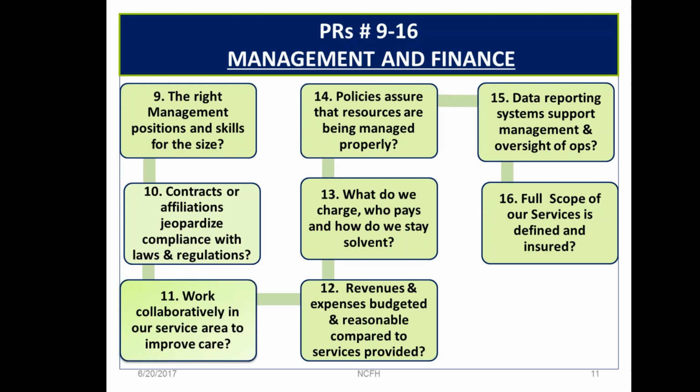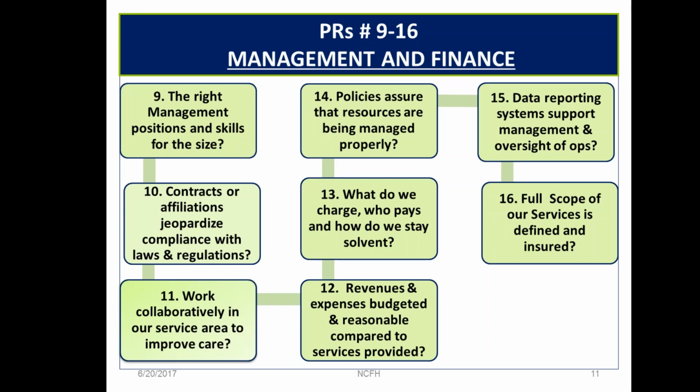Number 14, we have to have policies in place to assure that resources are being managed properly. One of the ways of doing that is through budgeting, which is reflected in number 12 below. Another way of assuring that is through health center board policies and procedures that guide staff in the implementation of those policies.